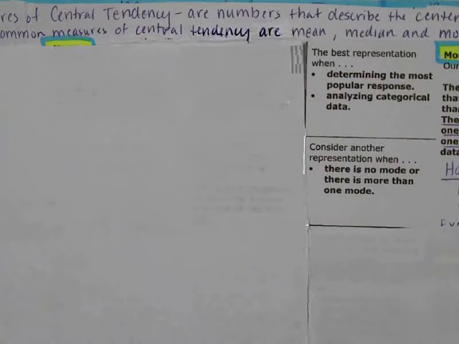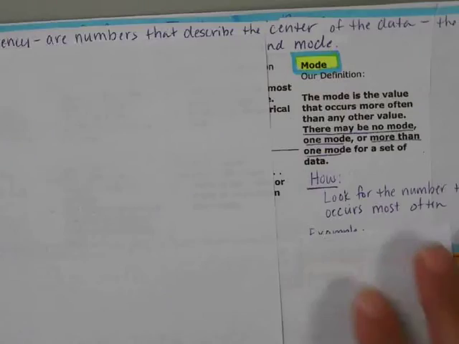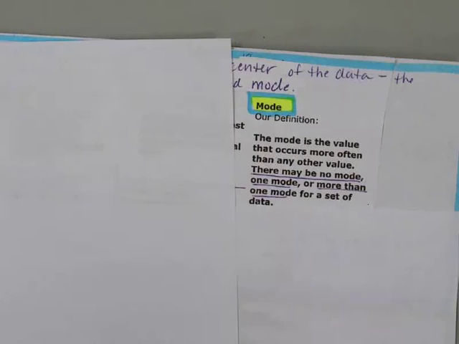Another measure of central tendency is mode. The definition of mode is the value that occurs more often than any other value. Now here's an important point. There may be no mode, one mode, or more than one mode for a set of data.